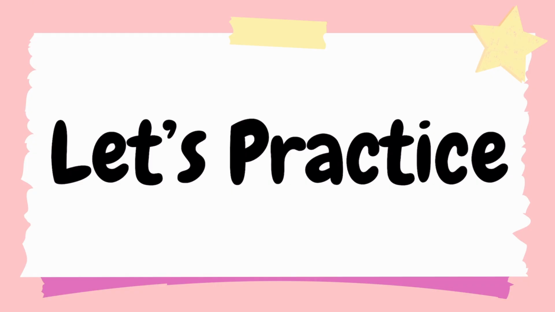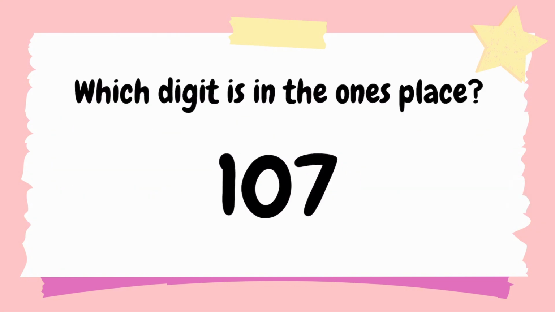I'm going to give you 3 different numbers, and I'm going to ask you about the value of a digit in each number. I would like you to answer out loud. Here we go. Which digit is in the ones place? So here I have the number 107.